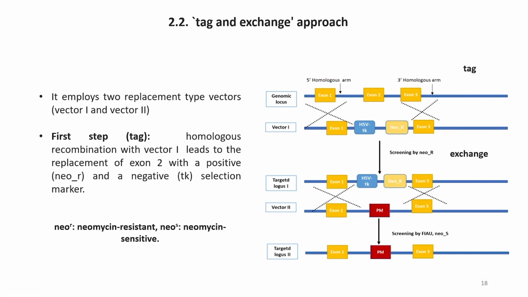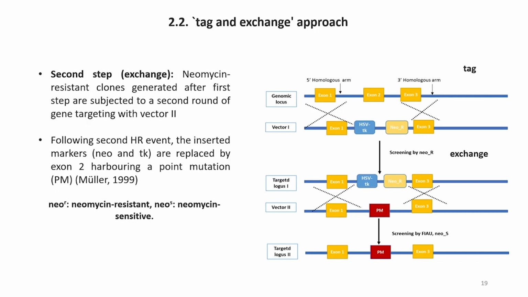So, in the first step, homologous recombination with vector 1 will lead to the replacement of exon 2 with a positive neomycin R and a negative TK selection marker.